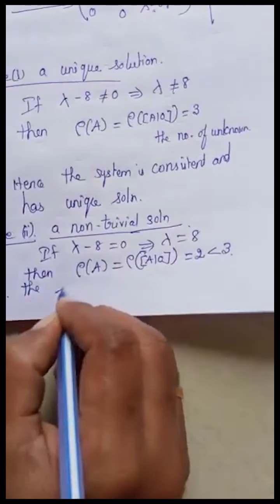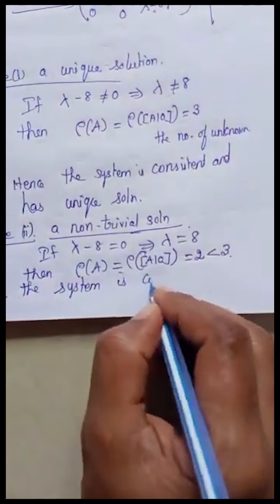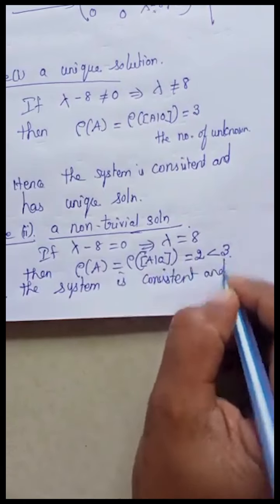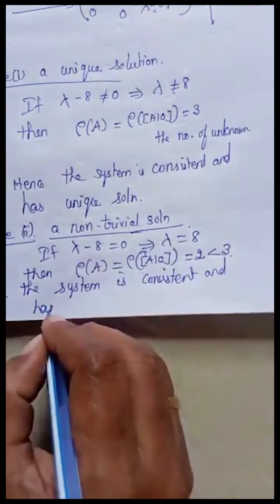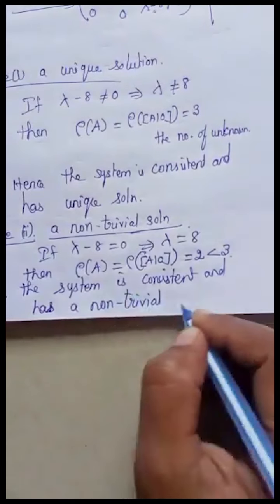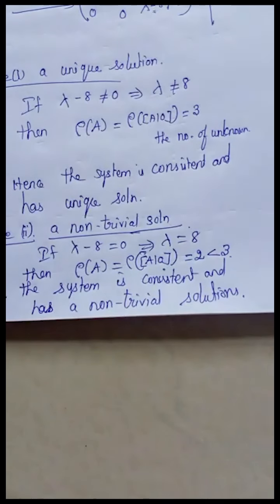Therefore, the system is consistent and has infinitely many solutions, isn't it? And has a non-trivial solution. This is easy, isn't it? But an important problem. Okay. So by this, almost we have completed. We will try to do one more problem if we have the time.